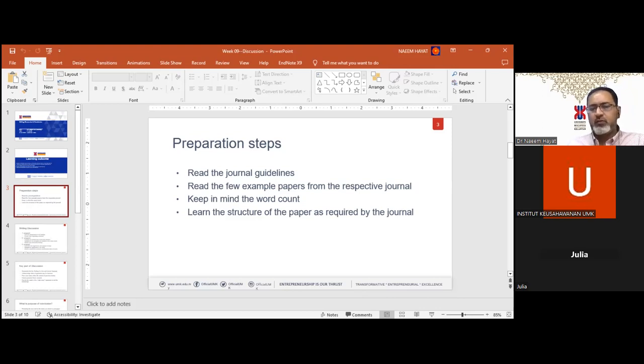I already talked about the structure of the paper. There are differences in guidelines.